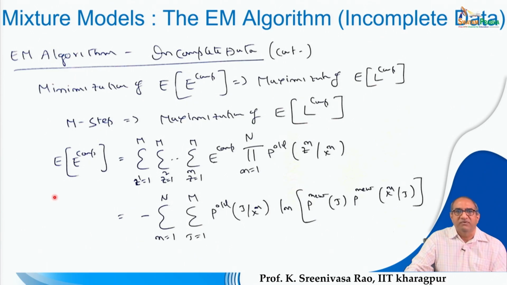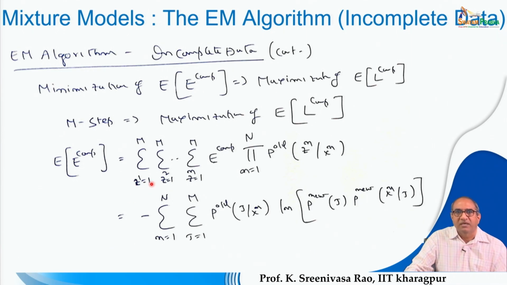Further, we can write this expression as the E complete with respect to the parameters. Here the first data point's label can take any of these M values, and similarly the second data point can take any one of these M labels with the available probability density function.